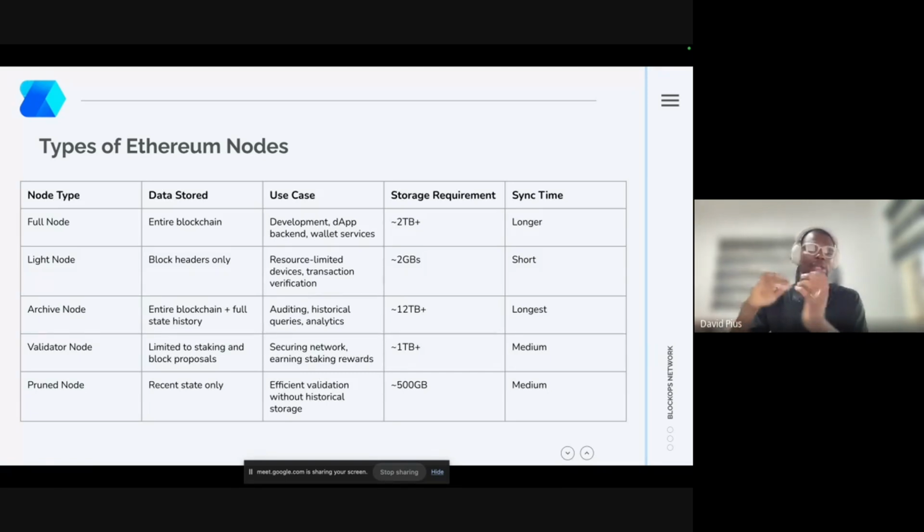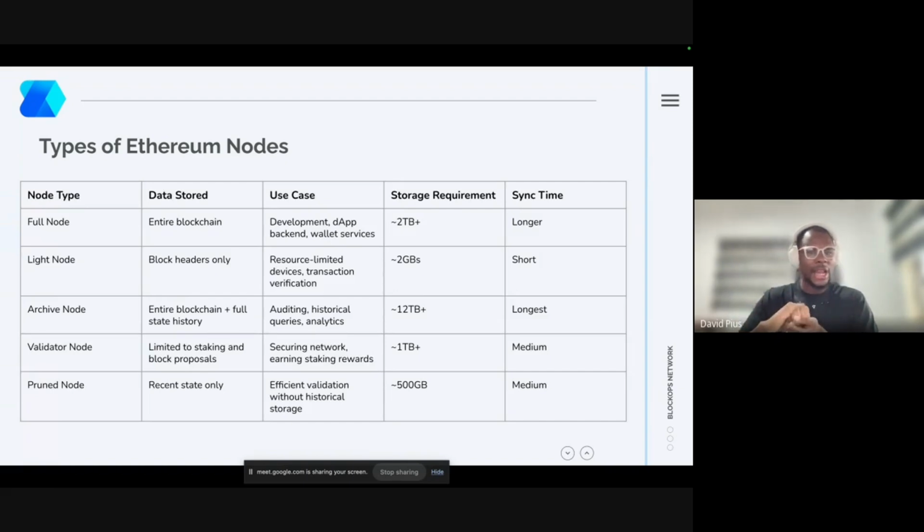So the full node is still the whole data, but under the hood it just makes it smaller. That's basically the idea. The light node is also similar; it also makes it smaller. It's still the whole data of the blockchain itself, but smaller, which is what is being stored.